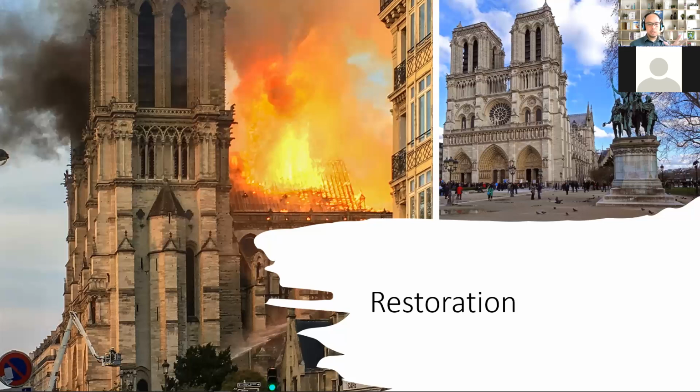The picture that I'm showing you is an illustration of a tragedy that struck one of the world's most iconic architectural heritages, the Notre Dame Cathedral. A fire destroyed the cathedral.